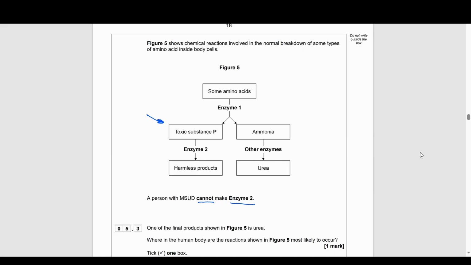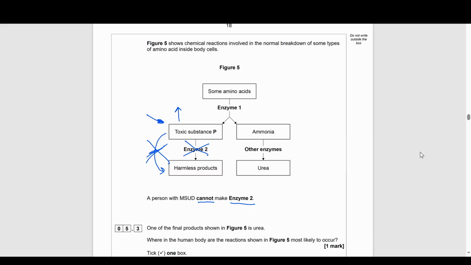Well, underneath the figure, it reminds us a person with MSUD cannot make enzyme 2. So this enzyme 2 is not present. The enzyme 2 is supposed to convert the toxic substance P into these harmless products, but again, that's not happening because there is no enzyme 2. So what's going to happen to toxic substance P is that it will just build up and accumulate, so its concentration will just increase.